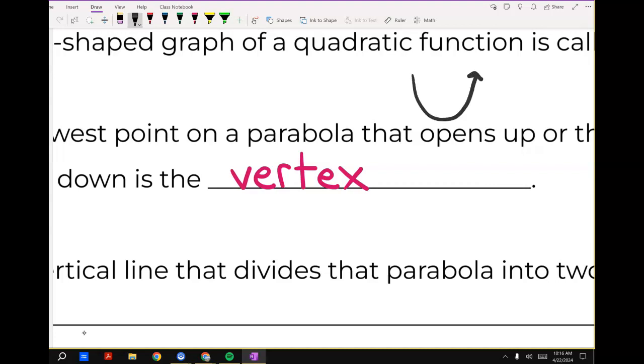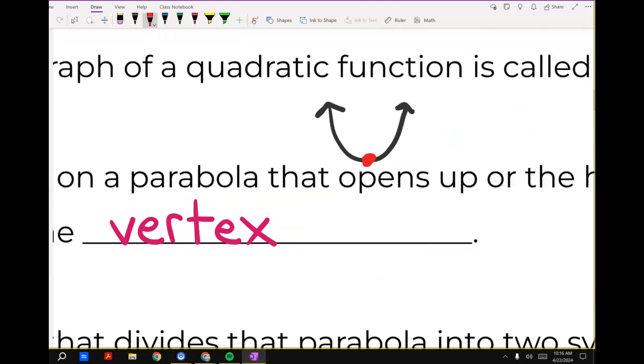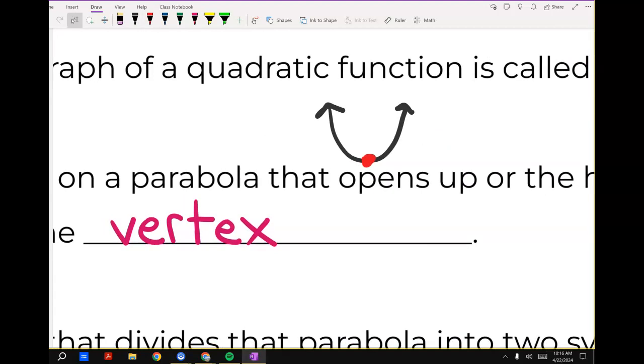So it looks like this. That is something that opens up. And the vertex would be the lowest point of that, where it changes from decreasing to increasing. If we were to start up here, as we're going down, we're decreasing, decreasing, decreasing. Once we hit our vertex, we're not moving at all. But once we pass our vertex, we start moving up. So sometimes we'll call the vertex the point of change.